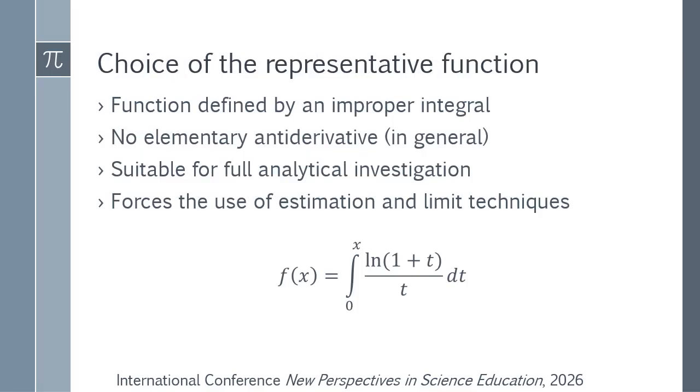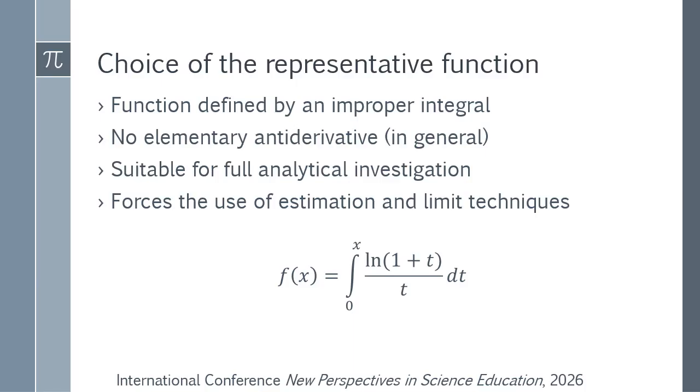This makes direct computation impossible and necessitates the use of estimation and limit techniques. The choice is intentional, as it allows the full sequence of classical function analysis while supporting systematic work with improper integrals. In the following slides, the function is analyzed step by step within a multi-stage framework.